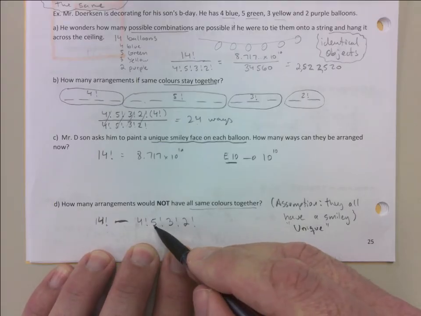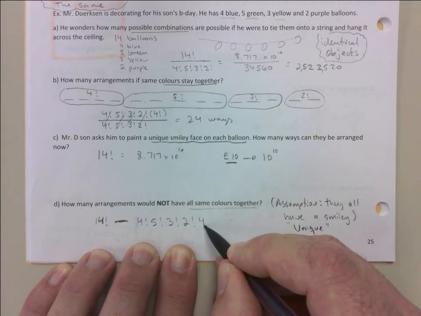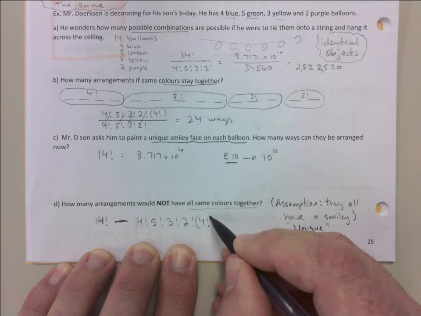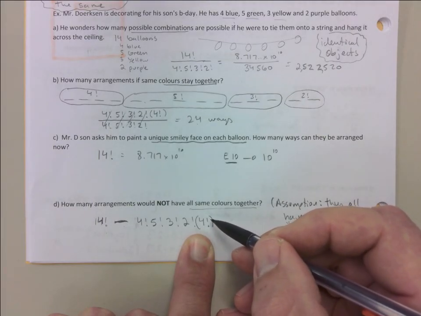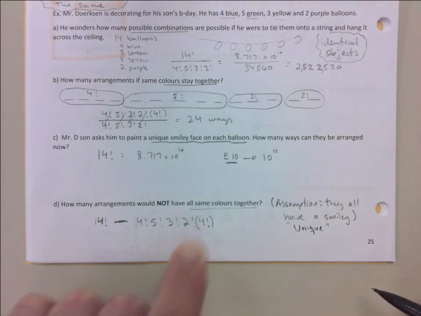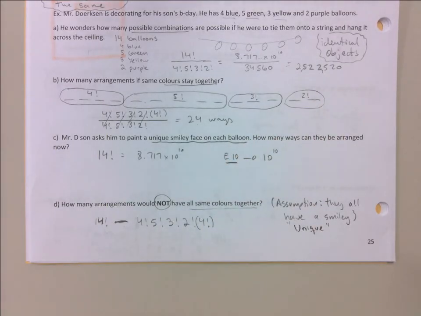How many groups do you have altogether? You've got 4 factorial. This is the zoom out part. I'm not going to do the math. We're just going to leave it like that. I just wanted to throw that in there. The main reason being the not part. Okay.